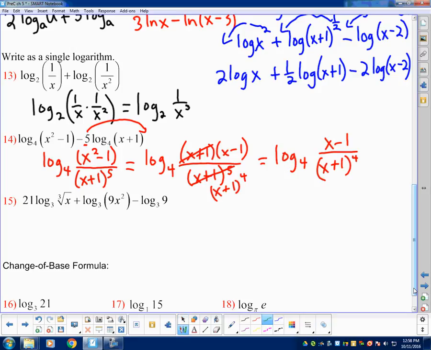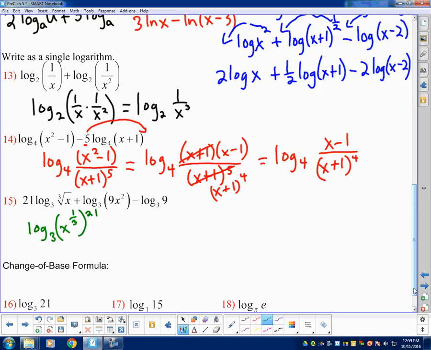Right, number 15. It says 21, and then log base 3 of the cubed root of x. So here, lots of things going on. We can move the 21 out. We have log base 3. I would think of this cubed root of x as x to the 1/3, and then move the 21 out as a power on that x to the 1/3.